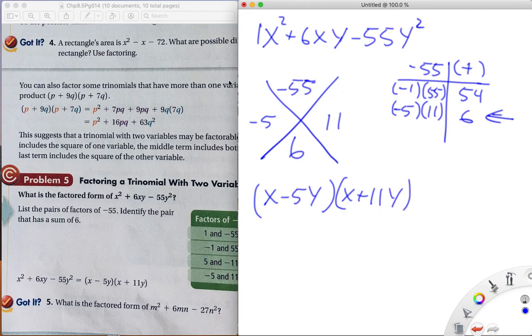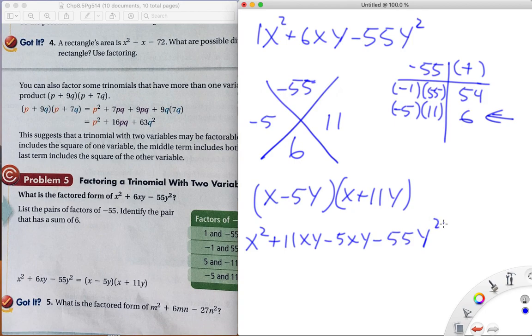And then when I do the FOIL, x times x is x squared, x times 11y is 11xy, negative 5 times x is negative 5xy, and then negative 5 times 11y is negative 55y squared.